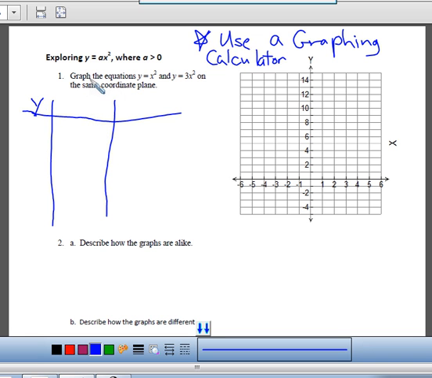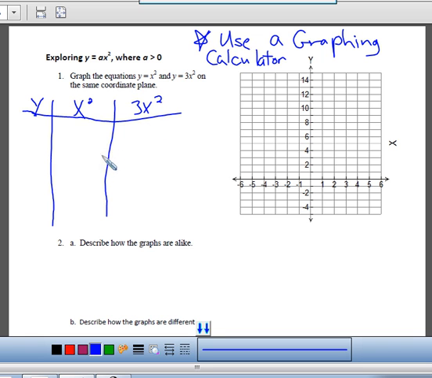So the first one, you're going to be graphing the equation y equals x squared. Now I would go ahead and graph that first, and then plot it, and then go ahead and do the next one, and then in your graphing calculator, when you use the y equals and the next one down, graph this so that you can see both of them.